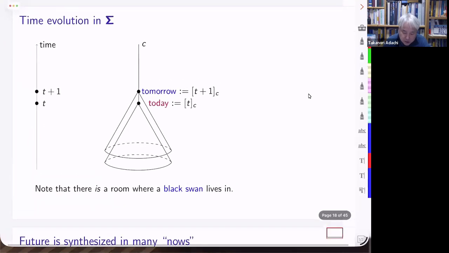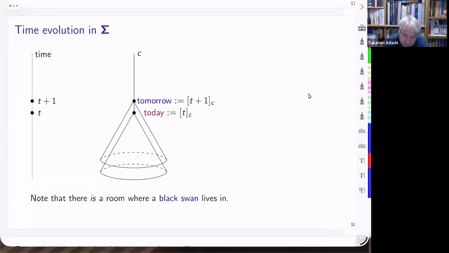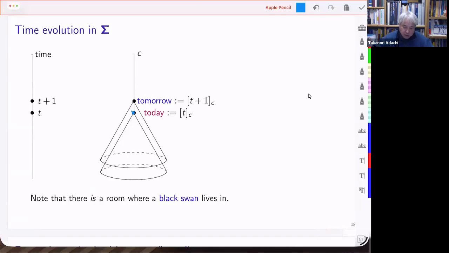Okay, so this is an image. Today we are here, and we have this cone towards the past. But tomorrow we will step up, and then we have another cone which will be expanding like this. Then this part is a new part, a new space which is converged to tomorrow, but today we don't know that.